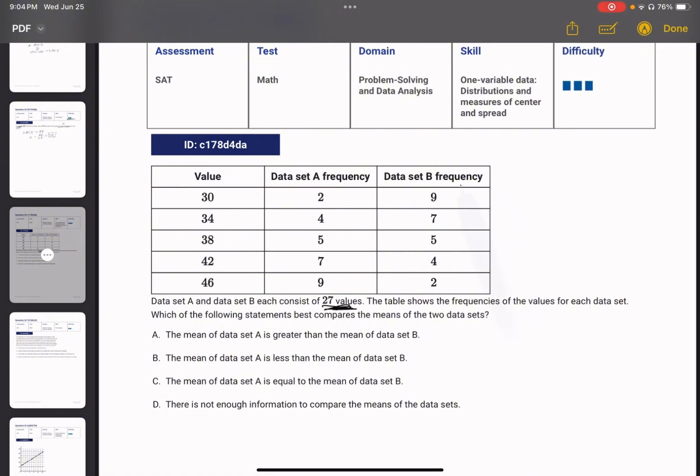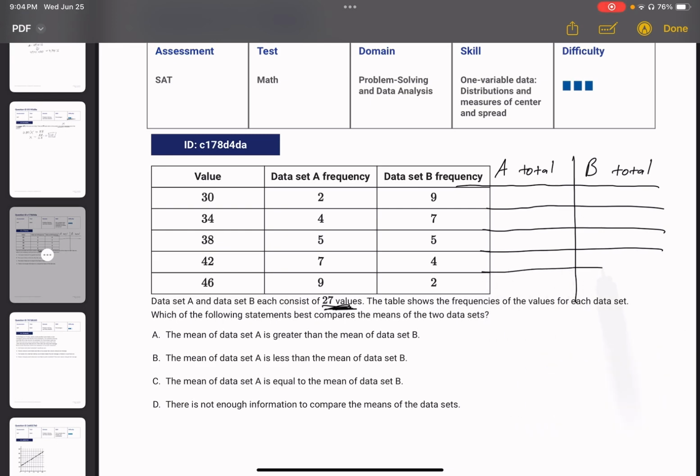So I'm going to set up a little chart over here. And this is going to be A total and B total. So to find the total for each category, we just need to multiply each. So for the first, it's going to be 30 times 2.